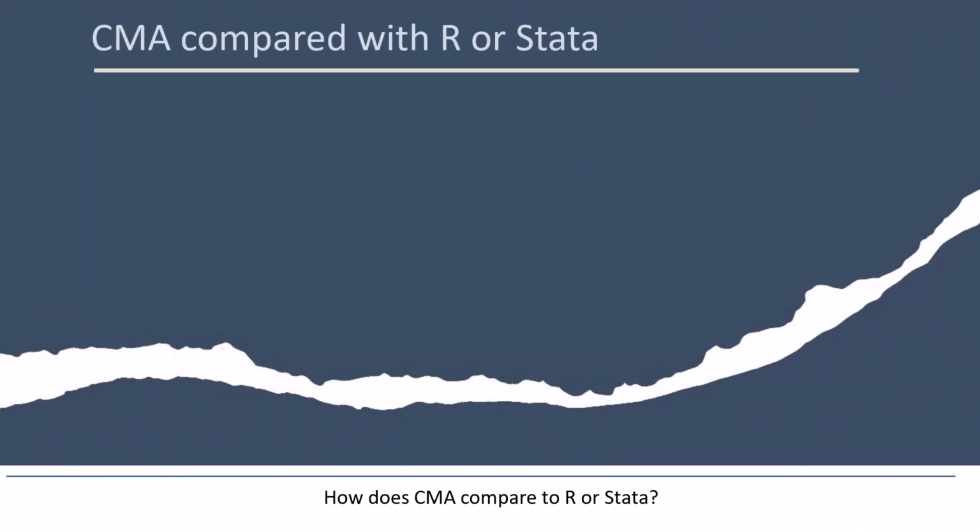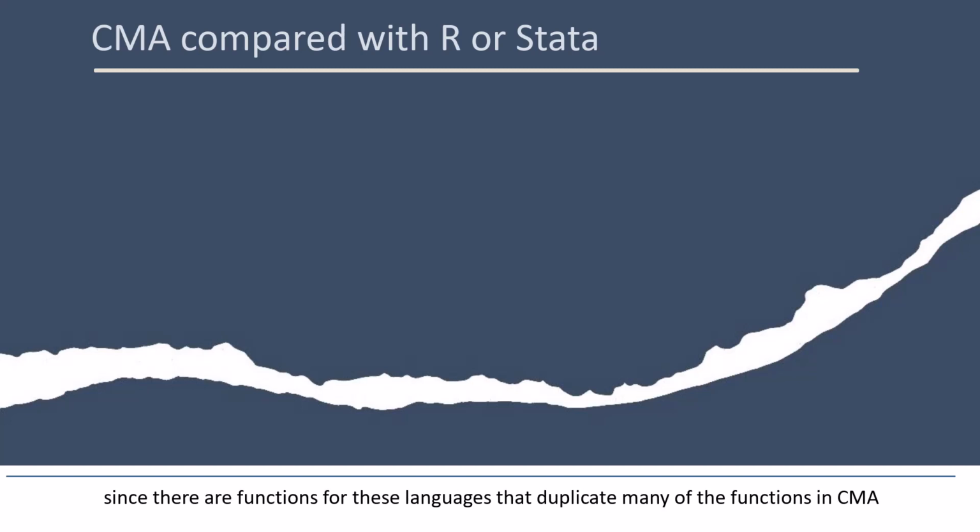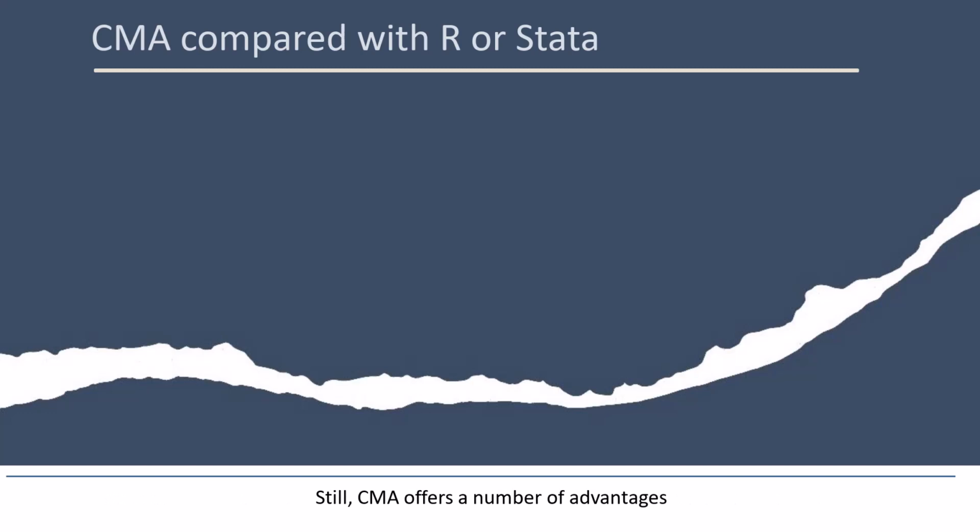How does CMA compare to R or Stata? If you're familiar with the R programming language or with Stata, these may be good options for you, since there are functions for these languages that duplicate many of the functions in CMA. Still, CMA offers a number of advantages.